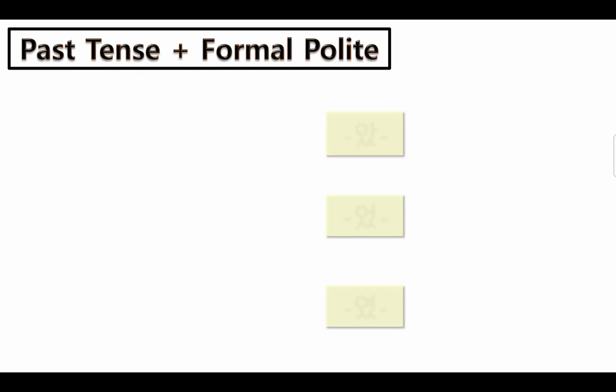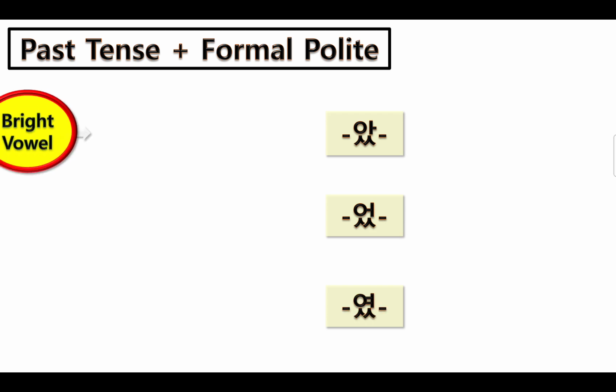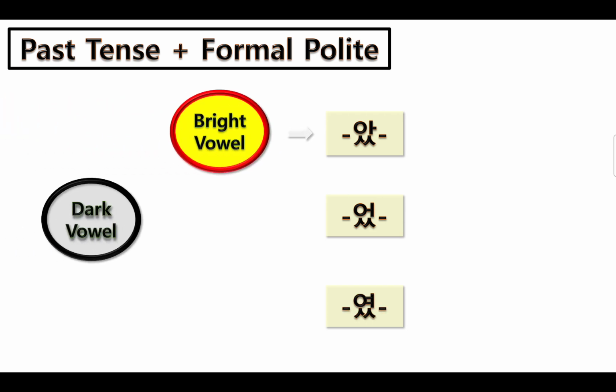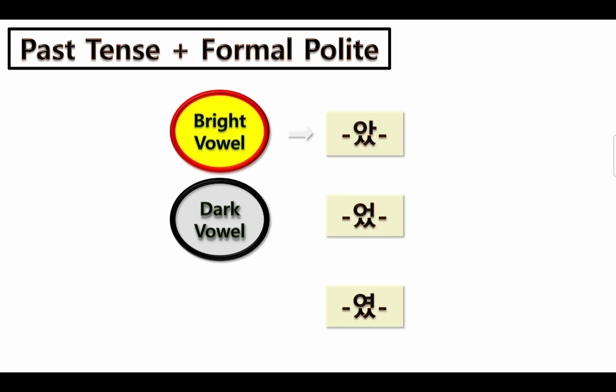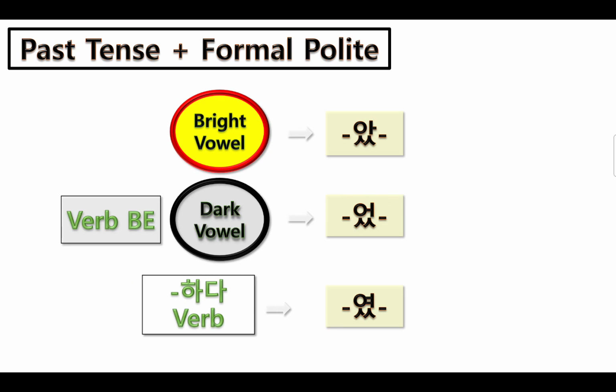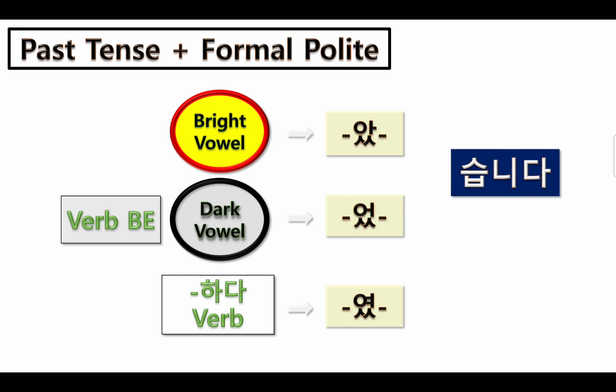Okay. Past tense plus a formal polite. So past tense 았, 었, 였. We have three forms. 았 is for bright vowel, and 었 is for dark vowel, and verb 이다 also 였. And 였 is for 하다 verb, right? And then for formal polite, we have two forms. 습니다, ㅂ니다. What is the difference?